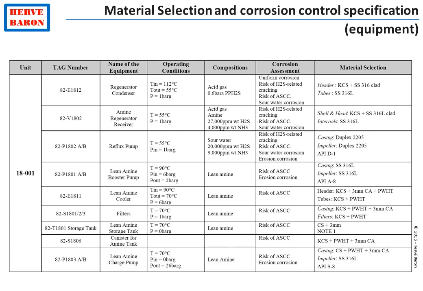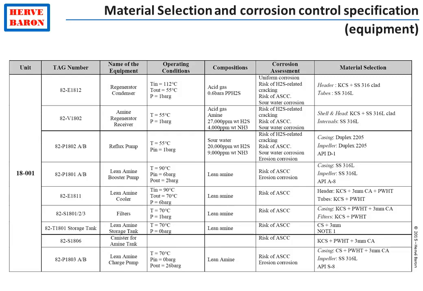This is the attachment of the document that shows the material selection for equipment, such as heat exchangers, pressure vessels, rotating equipment. For rotating equipment, the materials of quite a few internal parts of the equipment, such as these pumps, must be defined.